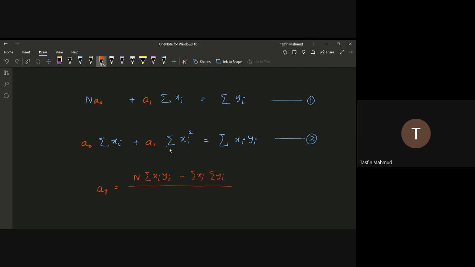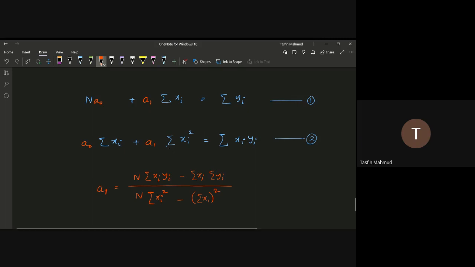Okay, so it would be the value of a1, and it would be divided by n times summation of xi square minus summation of xi whole square. Okay, so we are actually solving this by the substitution method or any method that we prefer.